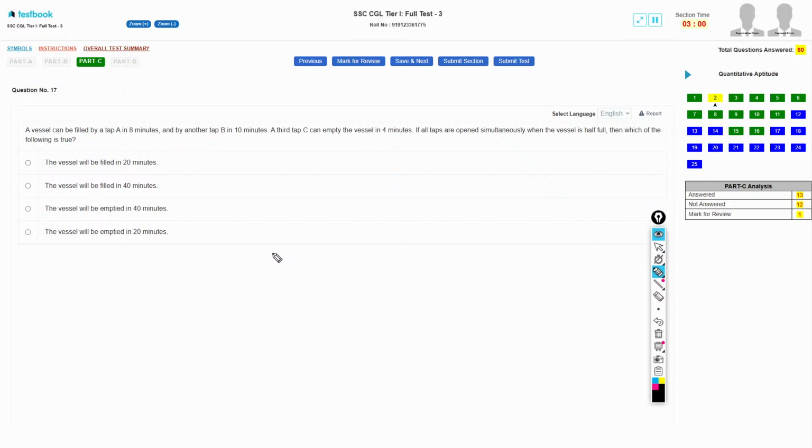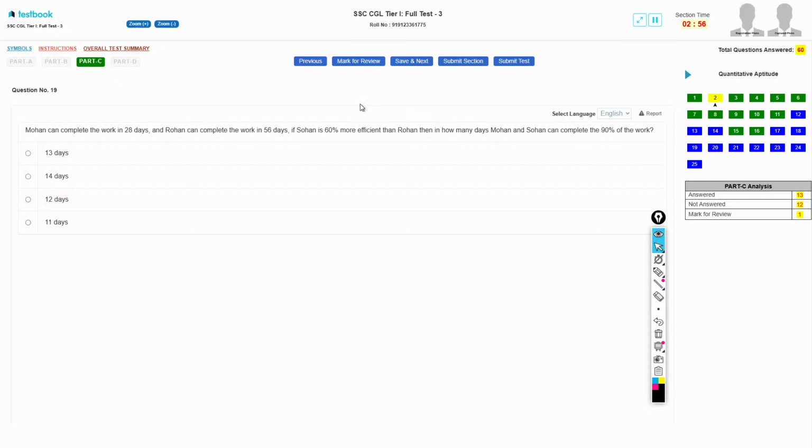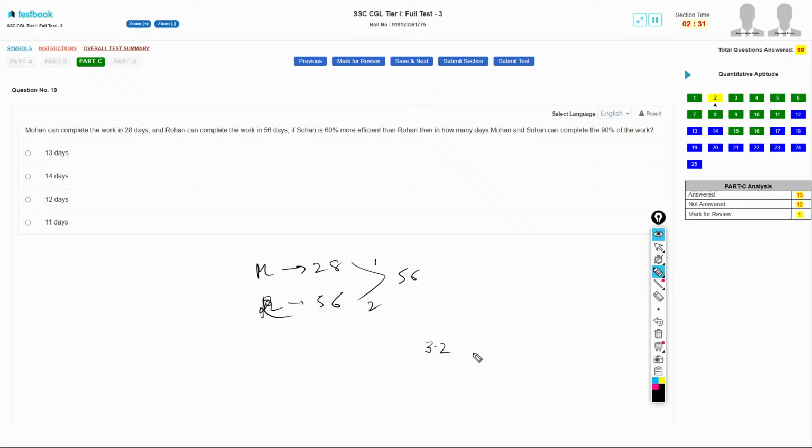A vessel fills in... skip. Individual, skip. Mohan 28, Rohan 56, Sohan 60% more efficient than Rohan. So 56 to 1. If I take them as 2, or okay, so 40, so 3.2 plus 1.